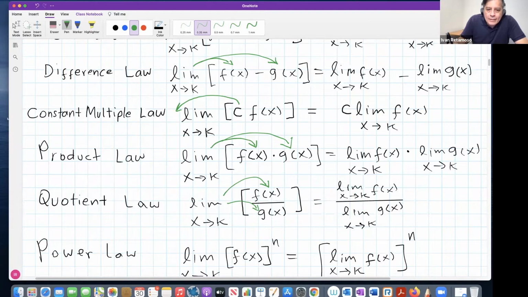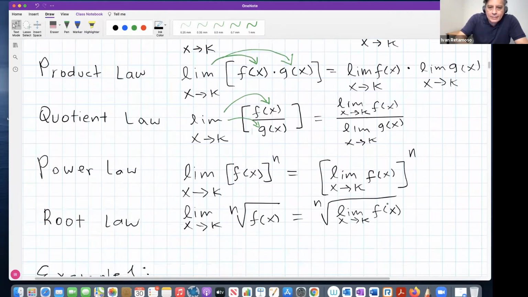Okay, great. Now, with these laws, we should probably go over some exercises. But before we do that, let's talk about these two final laws here so we can complete it and go over nice exercises.